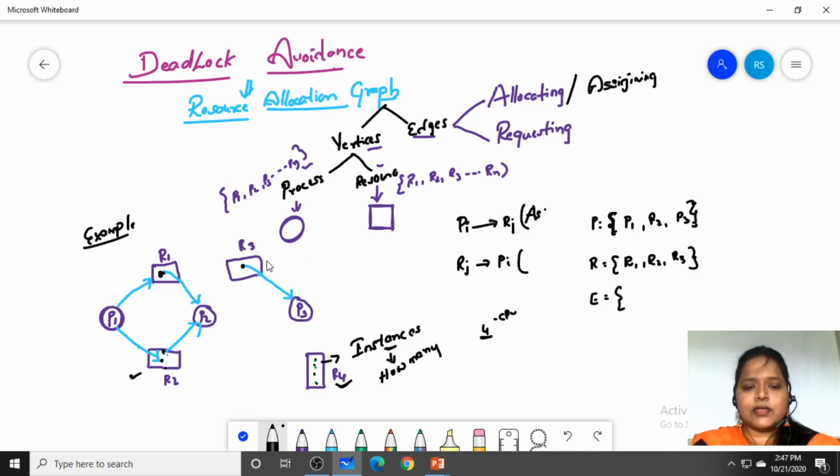Suppose R3 to P3, resource to process, we call it allocated. Suppose from P1 to R2, it means P1 is requesting the resource R2. So P1 to R2, where P1 is requesting for the resource, we call it a requesting edge. Fine. This is the brief introduction of a graph.